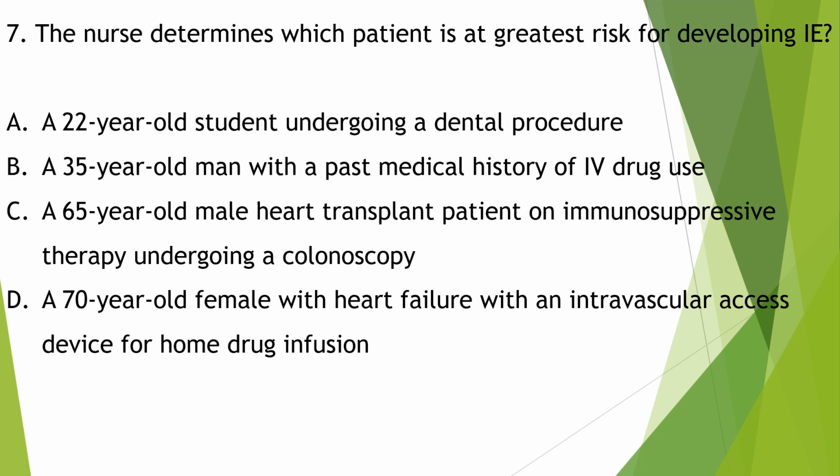So here the answer is the 65-year-old male heart transplant patient on immunosuppressive therapy undergoing a colonoscopy, who has the most risk for developing IE, and the minimal risk among all these patients is patient A.